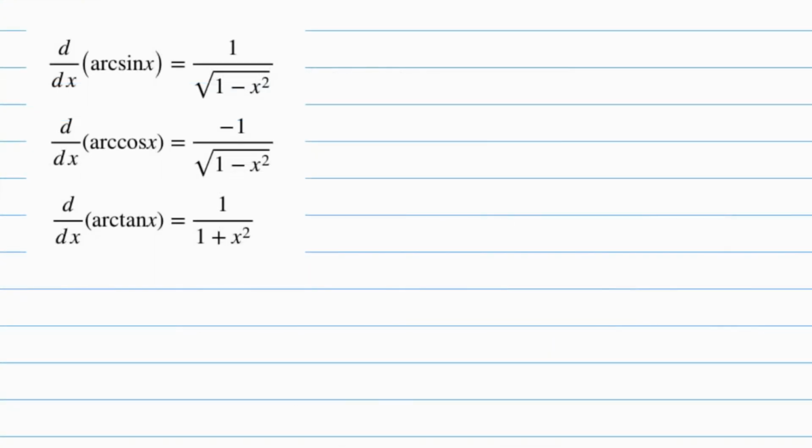Next, let us derive the derivative of arccos x. That's actually quite simple. Now that we know the derivative of arcsin x, we can write arccos x as pi by 2 minus arcsin x.